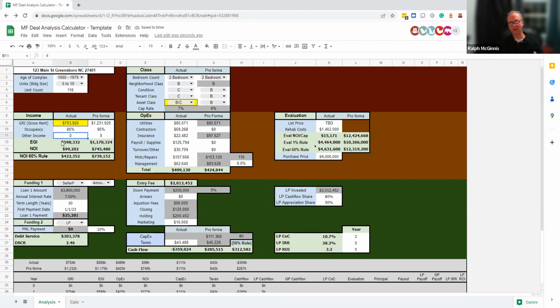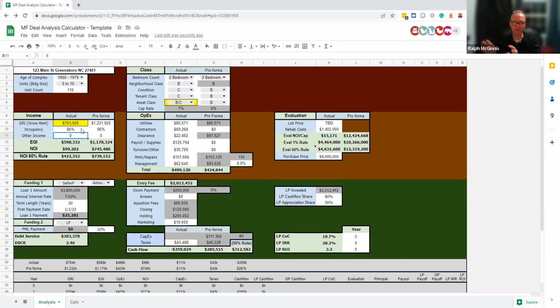I would prefer personally positive cash flow out of the gate, and then we do the initial upgrade of the exterior, so it gives it curb appeal and the appearance of upgrading the asset class. And then as the vacancies come up, we upgrade each of those vacancies and improve the rents on them. So we never end up with a negative cash flow situation. It's always positive cash flowing.